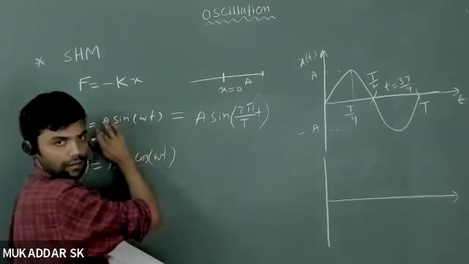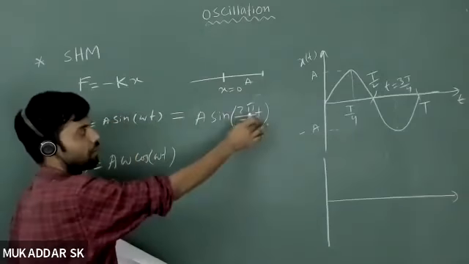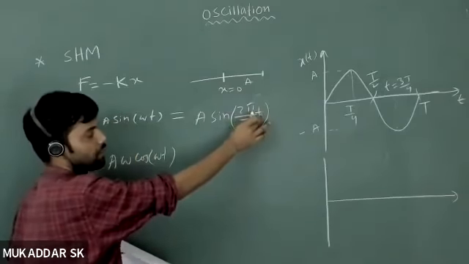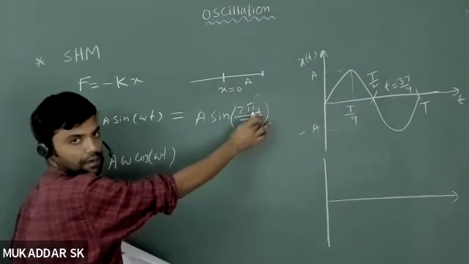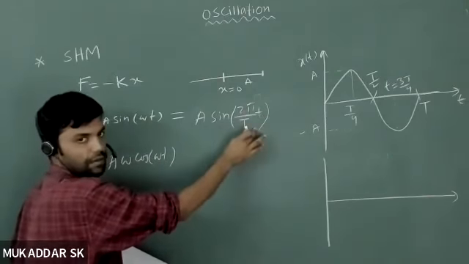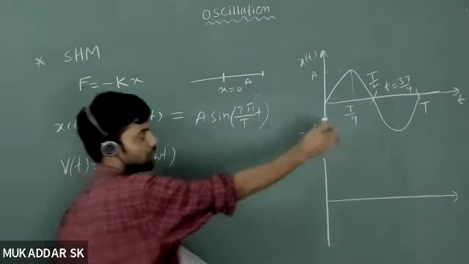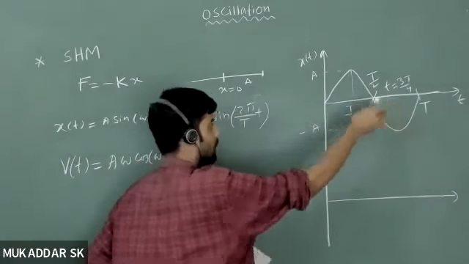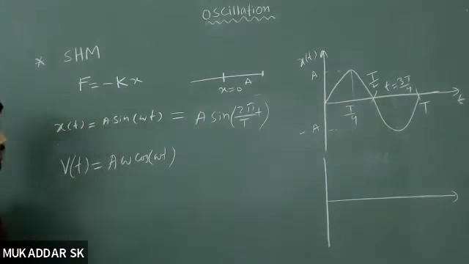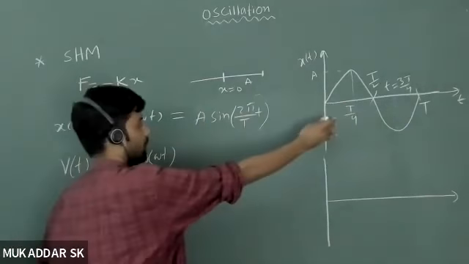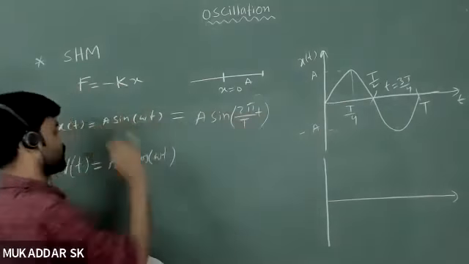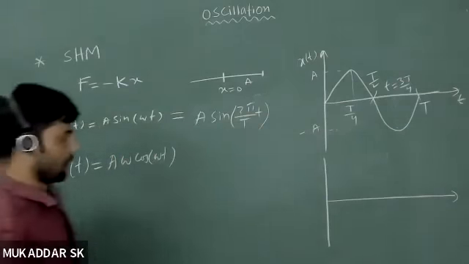So at this situation, x will be capital A. If you put capital T by 2 in place of small t, it becomes sin pi, so it will be 0. So this point corresponds to this, and you can explain other terms also. Whatever I have plotted, you can explain from this equation itself. Okay.